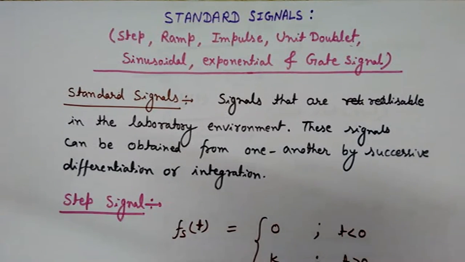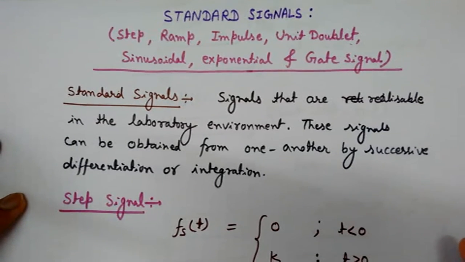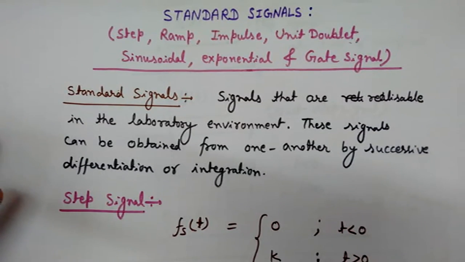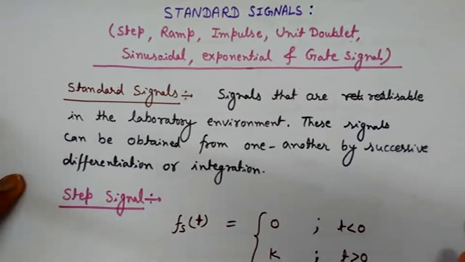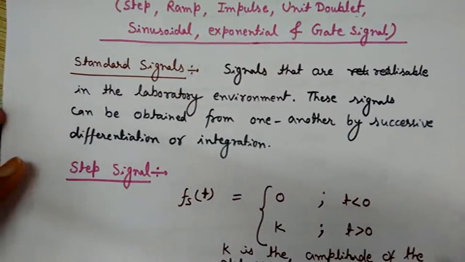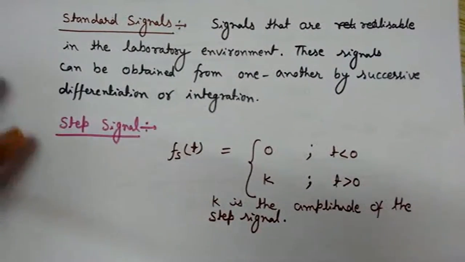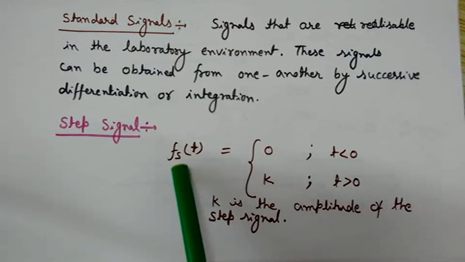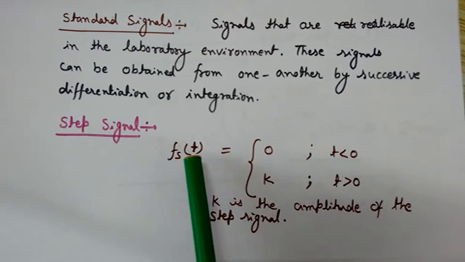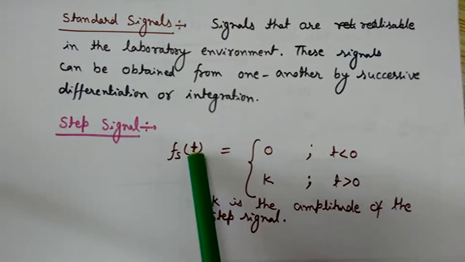Here I have written step signal. Mathematically, we can define a step signal as f_s(t), where s stands for step. Since it is a function of time, I have written t.